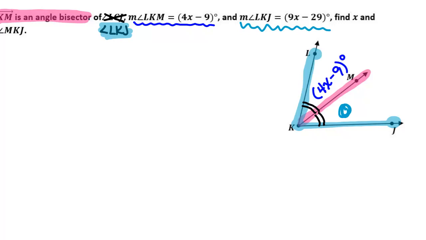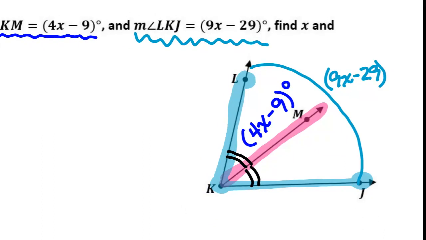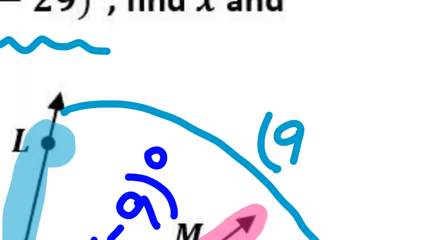LKJ. Yeah, L is up here, then down to K, and then over to J. Angle LKJ is this whole thing here. Clean up my handwriting a little bit.